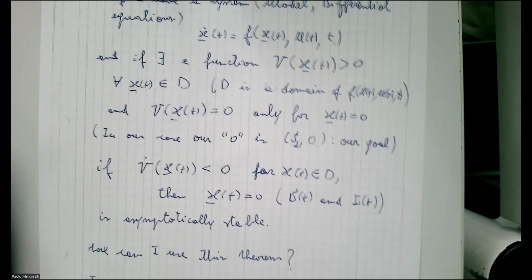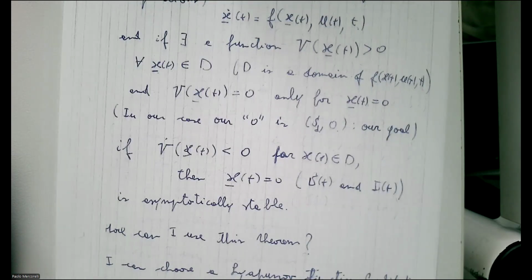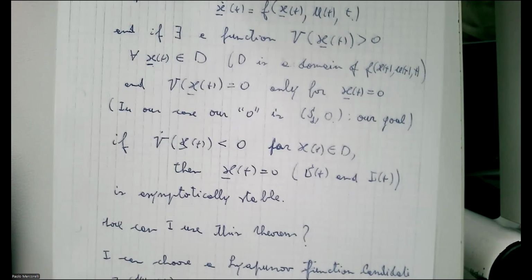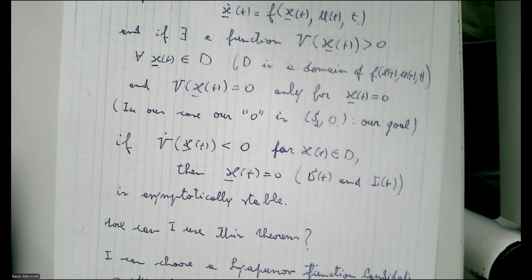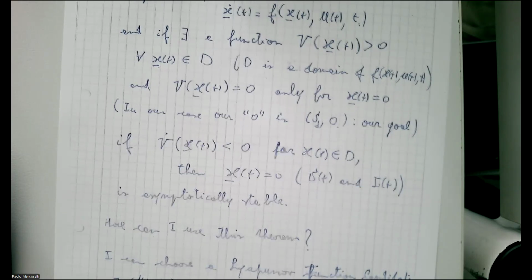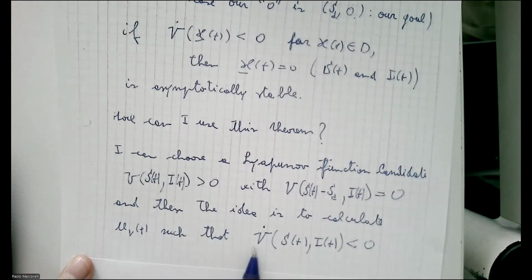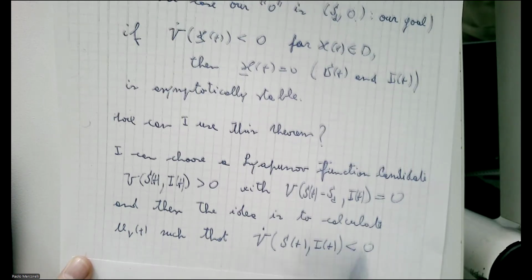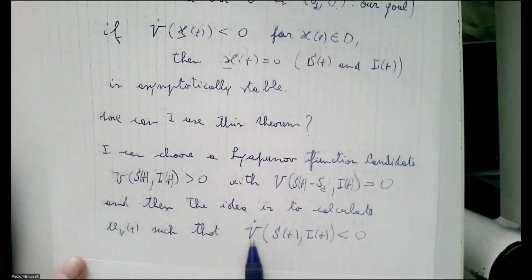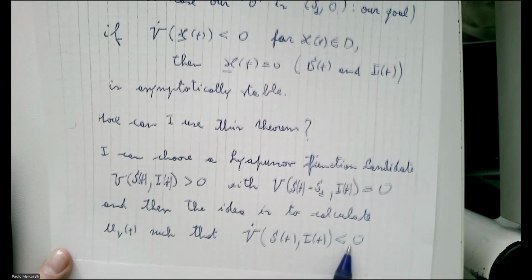We have two variables here, two possible states. It's in a particular application. Very important, I have to find a u, a control law, which guarantees that the derivative with respect to time of my initial V function, which must be positive, is negative.